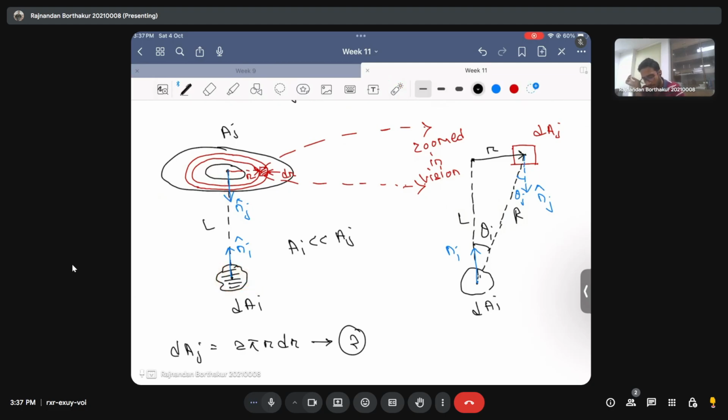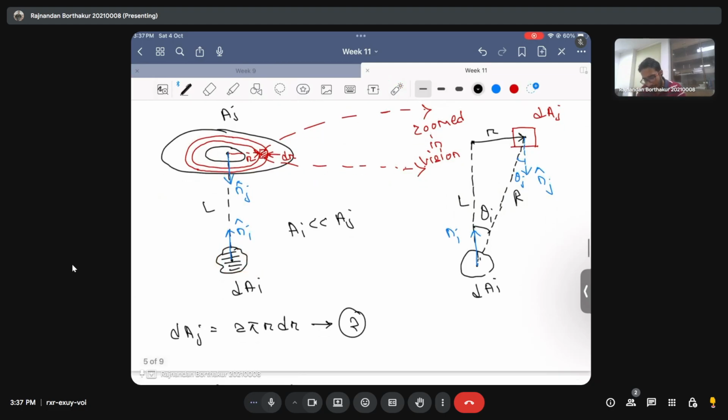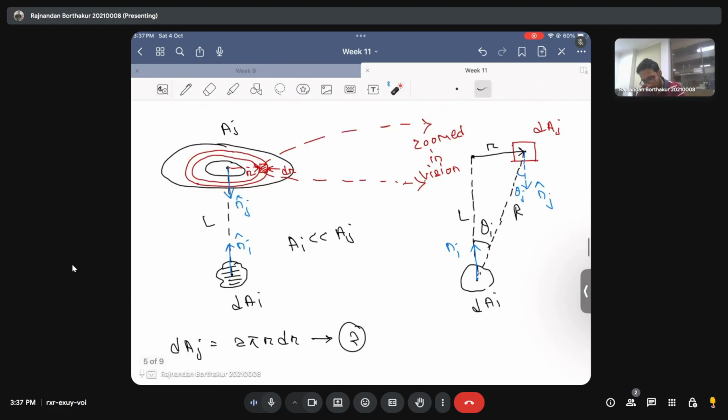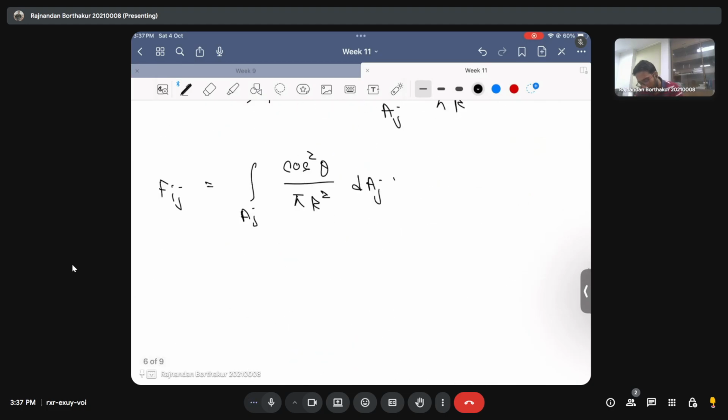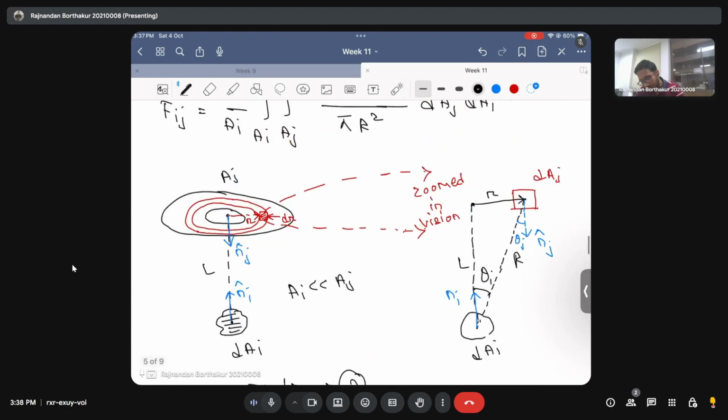From this very particular geometry, I can infer that my cos theta is equal to L by r, and since r is not given, this r can be written as L square plus R square, where this capital R is precisely the radius up to which we are considering the differential area.